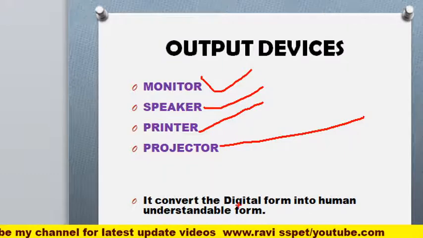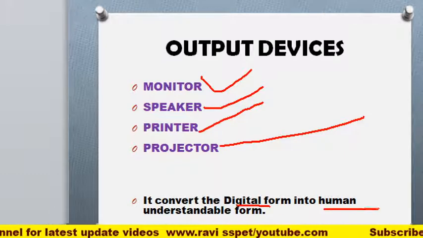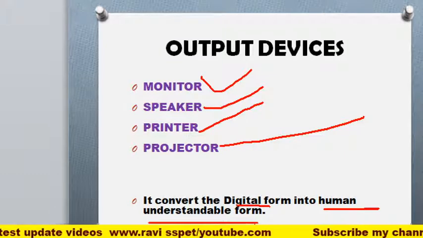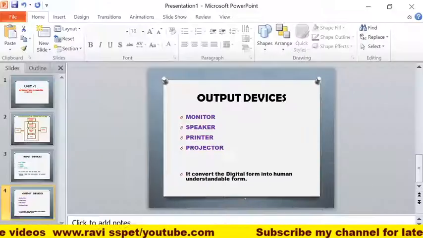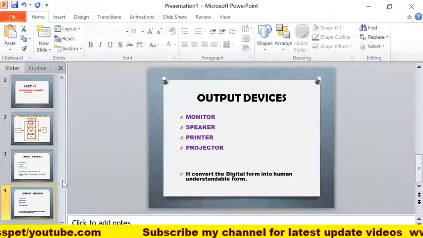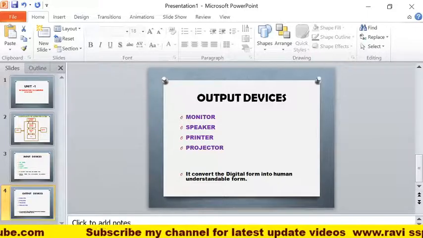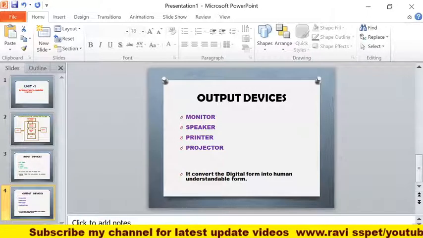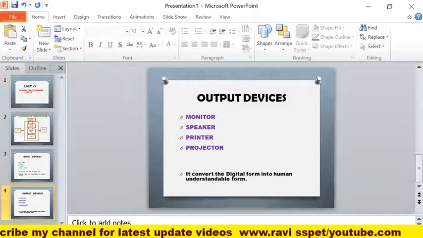They convert the digital form into human understandable form. And what do input devices do? They convert human understandable form into digital form. So where we see the output, those devices we call the output devices.